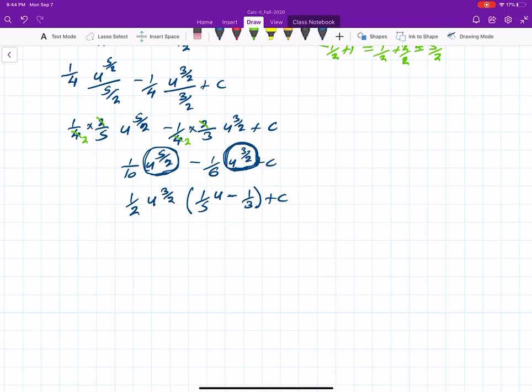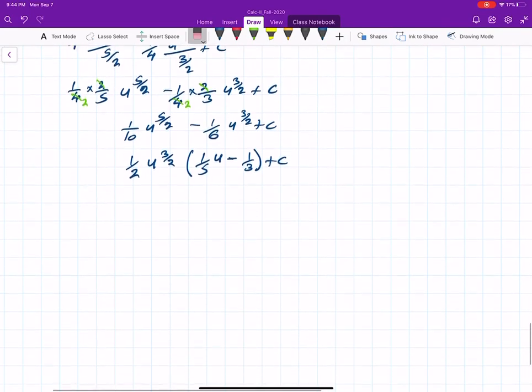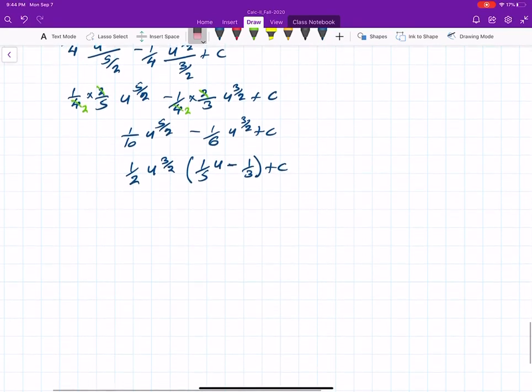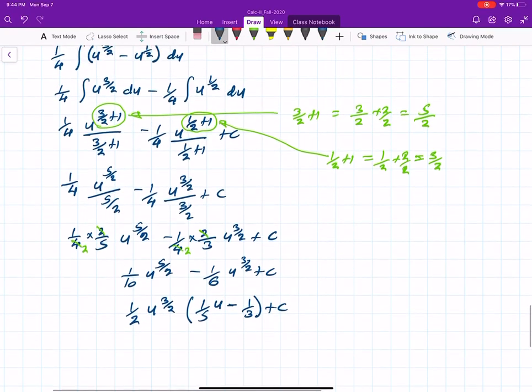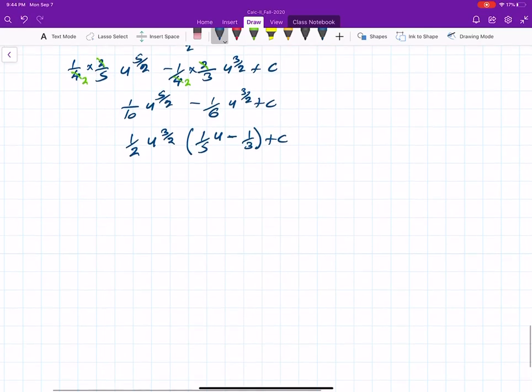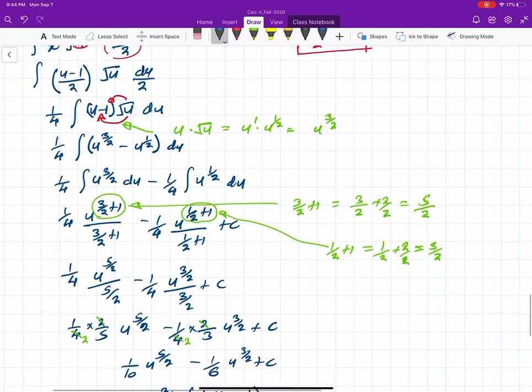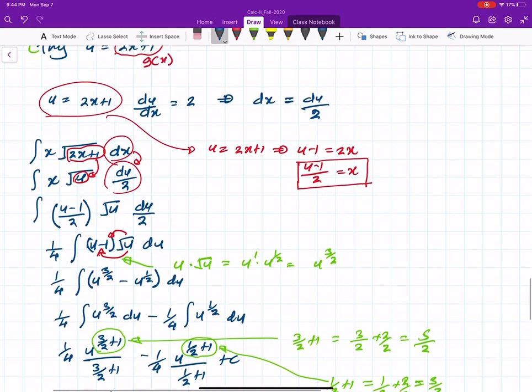So let me delete unnecessary parts. And then you might feel this is the final solution. No, this is not the final solution. The reason for that is you have to substitute back for u. U is a new variable. U is not the original variable. So check back what you should substitute for u. Okay, so this was your u.